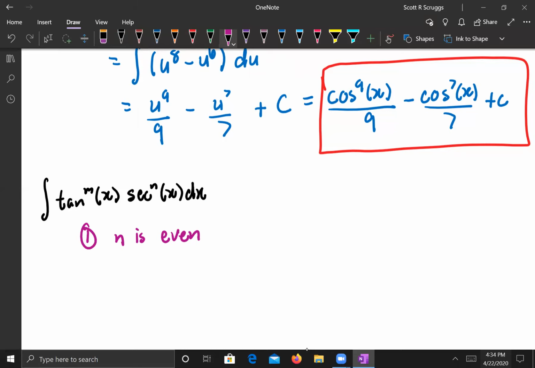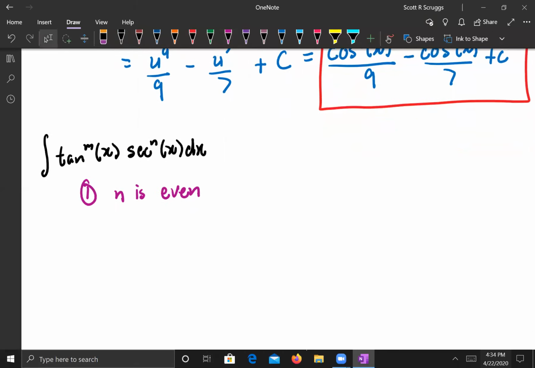So the way I'm going to deal with that is I'm going to take away a secant squared of x away from there and marry it with the dx.